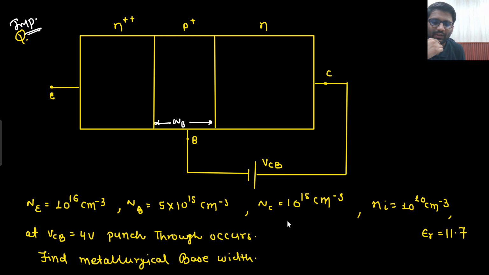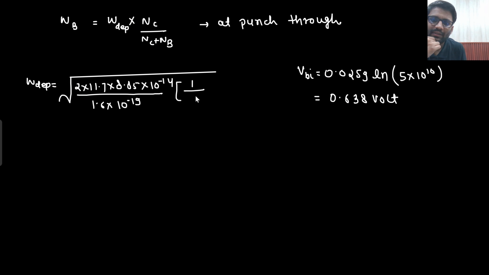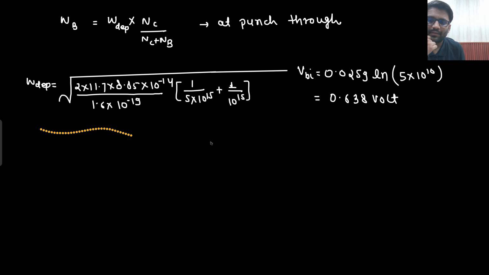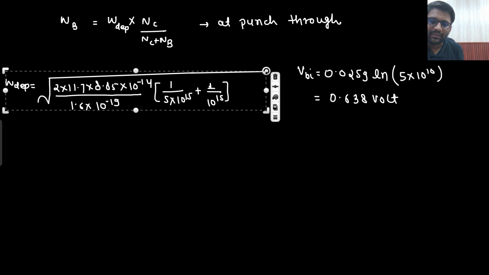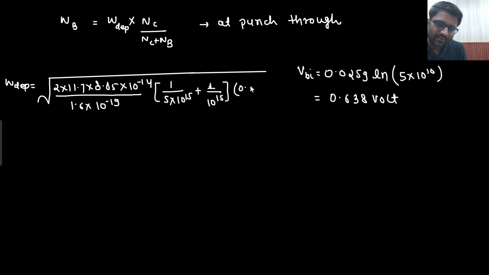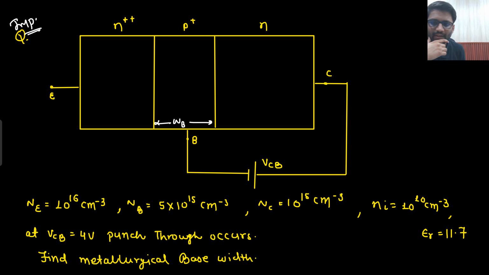So 5 into 10 power 15 plus 1 by 10 to the power 15, into V built-in plus Vr. What is the value of Vr? Vr, that is 4 volt.